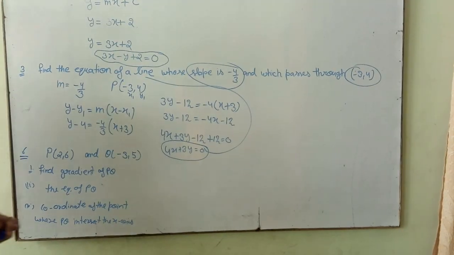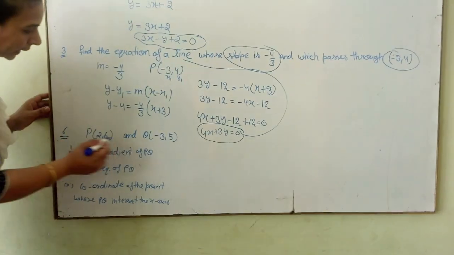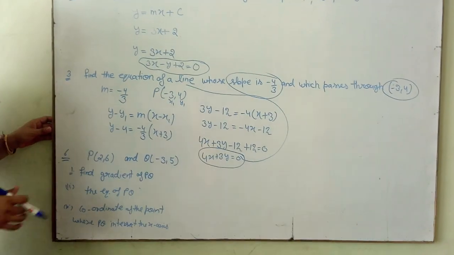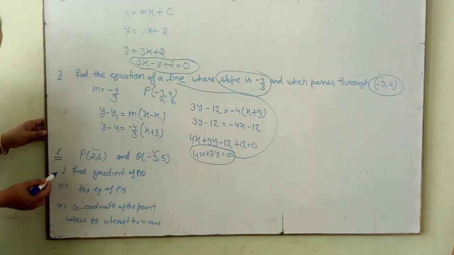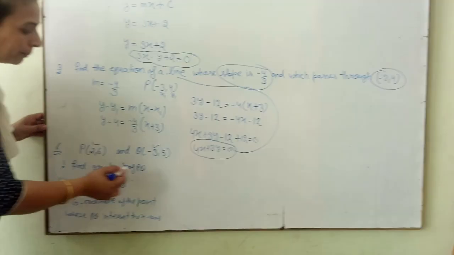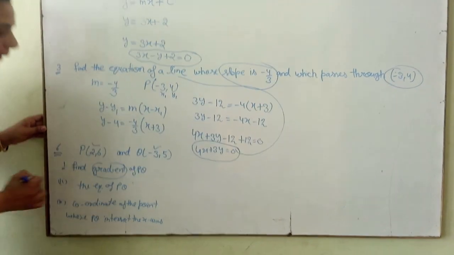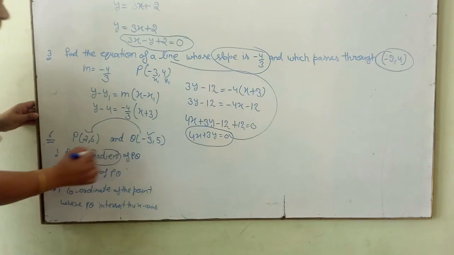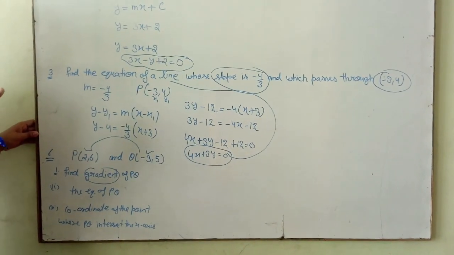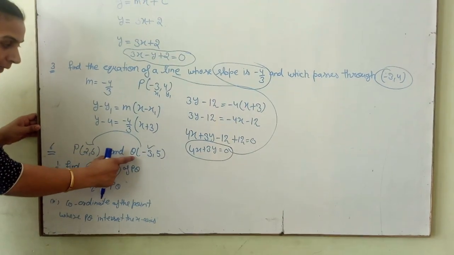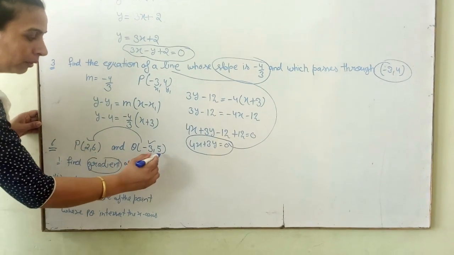Clear, students? Again, question number 6. There are 2 points, P and Q, with the coordinates of P and the coordinates of Q. First part: find the gradient of PQ. Gradient means slope, so we find the slope of PQ. There are 3 methods for finding a slope. We use the 2-point form, x1 y1 x2 y2.